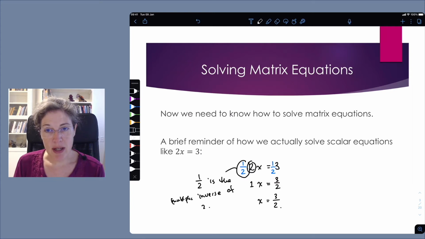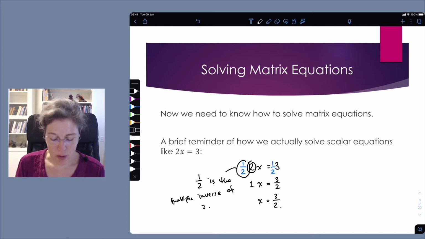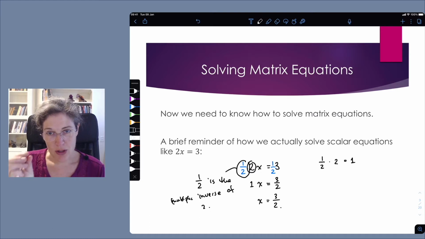What do I mean by multiplicative inverse? It's the thing that you times 2 by so that you get the multiplicative identity, which is 1. So you have the situation that a half times 2 is equal to 1. You need to know what the multiplicative inverse of something is in order to do this whole solving thing.